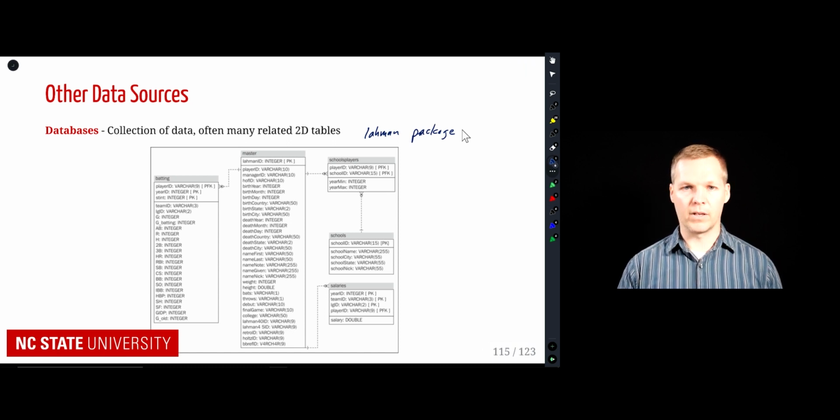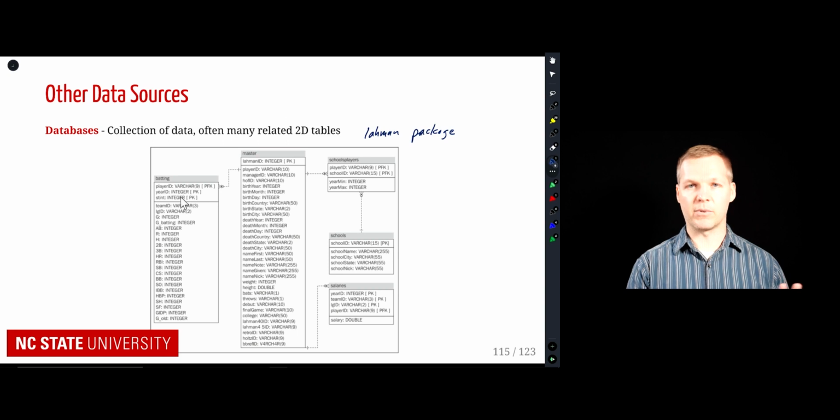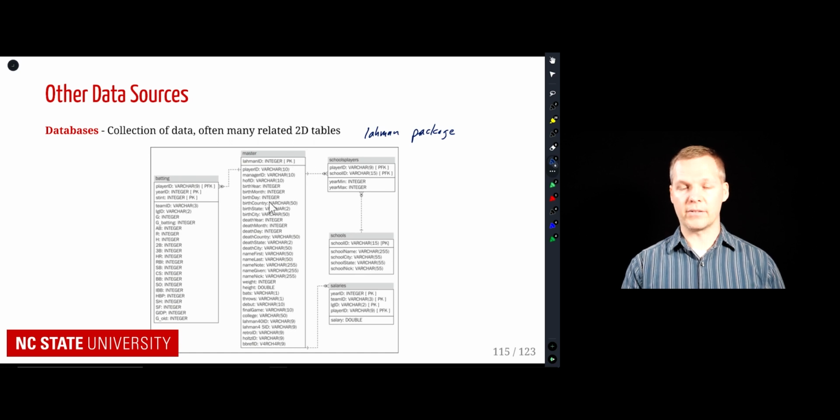They're just in the form of tables, or data frames actually. But there's a batting table. So when I say table, it's just another word for data frame essentially. So there's a batting table over here that has information about people and their at-bats. And you can see that there is a player ID, year ID, and stint variable. There's also the master table, and this has some of that same information.